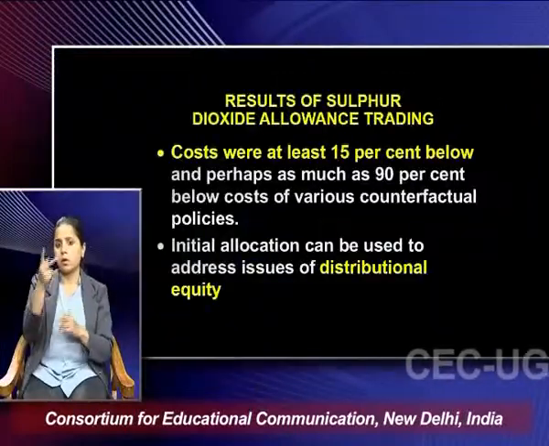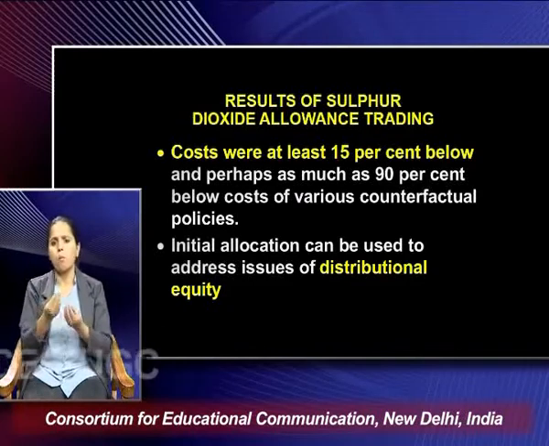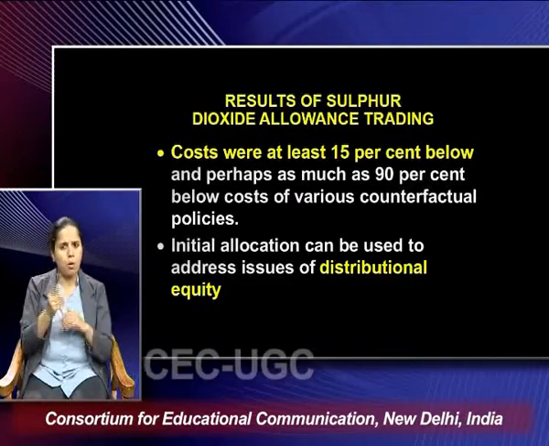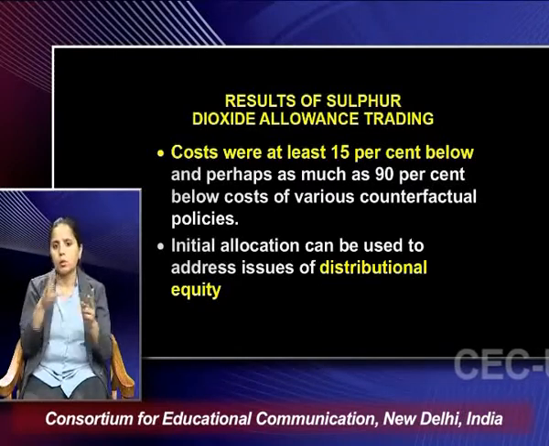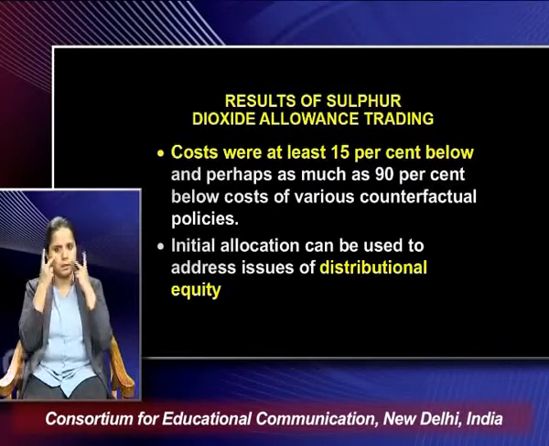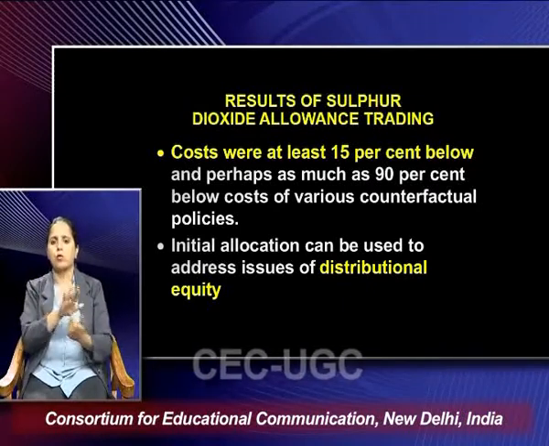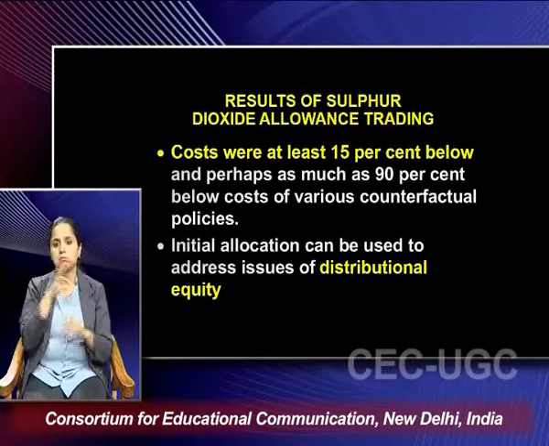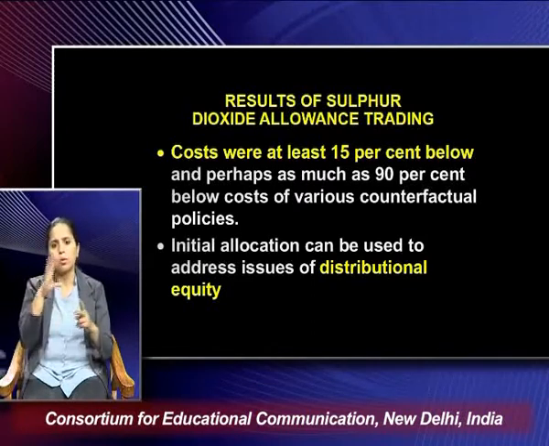Further, the costs were at least 15% below and perhaps as much as 90% below the costs of various counterfactual policies which were implemented along with it. So it exhibited a greater benefit as compared to other policies. Initial allocation can be used to address issues of distributional equity.